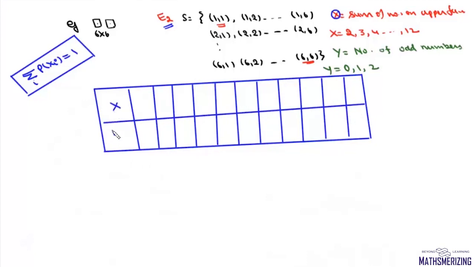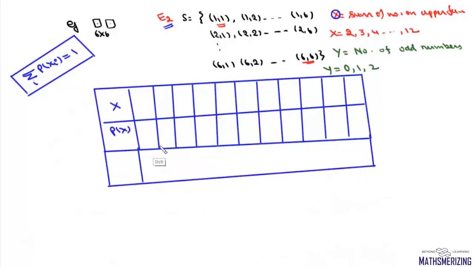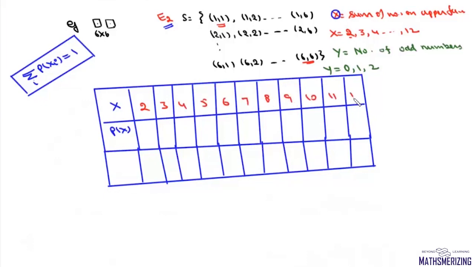So this is x and this is px, and we'll also need one more column for variance. Now this sum, it can be 2, 3, 4, 5, 6, 7, 8, 9, 10, 11 and 12.